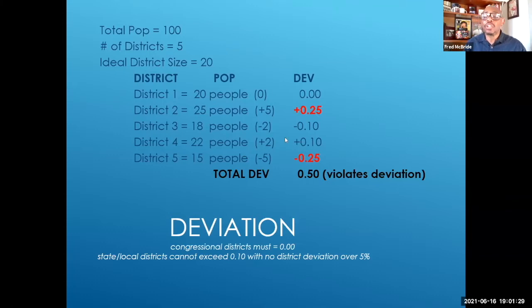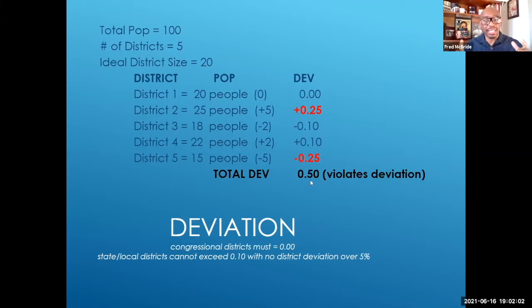So the way we calculate something called deviation, we take the district with the most people, that would be District 2, add that deviation percentage to the district with the least people, that would be District 5. Forget the pluses and minuses, just drop that, add them, and you'll see that if this plan were drawn, this plan would violate the deviation principle because it's 50%.